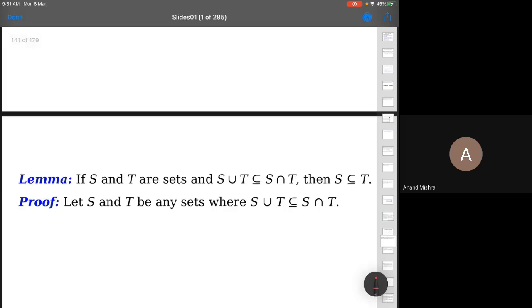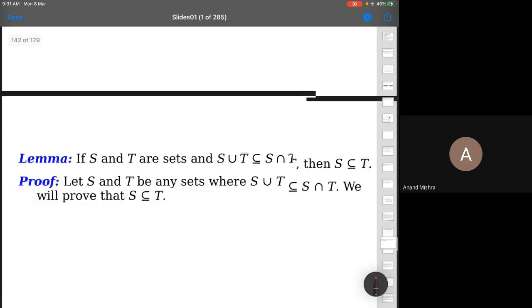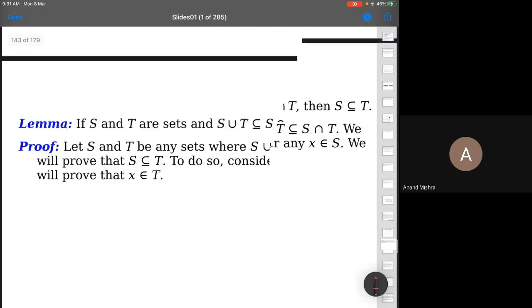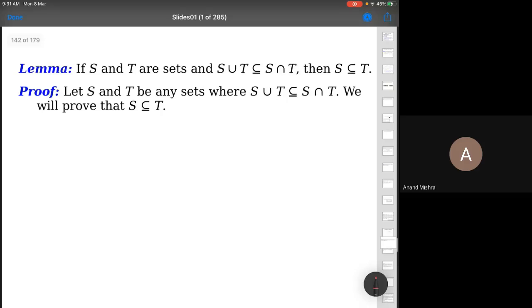How do you prove it? We take any two sets S and T, where this is given to us: S union T. Now we need to prove this. So this is very simple. Let me try to prove it here. So this is given to us, right? S union T is a subset of S intersection T. So we'll take X, which is in S union T. What does it mean?